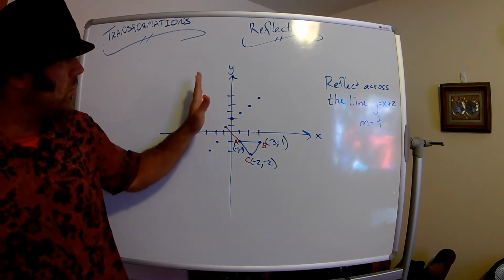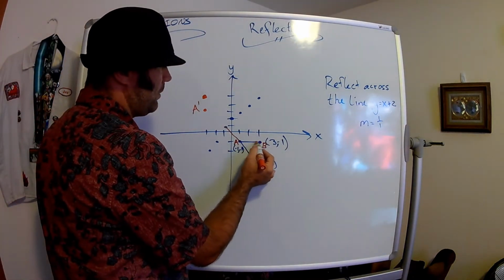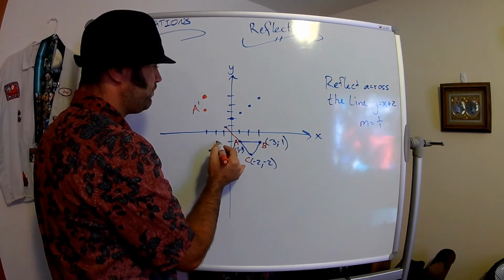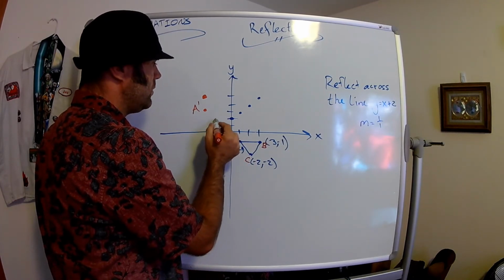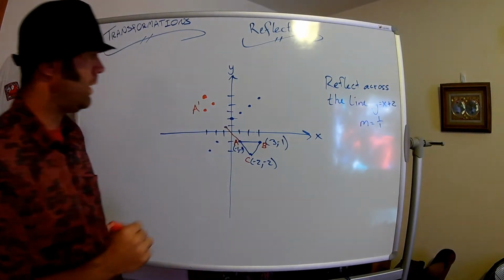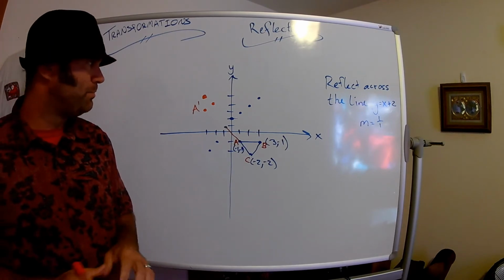Straight up and down, it's right above point A. Let's also go left with it and see what happens. 1, 2, 3, 4, 5. So again, we're getting a different point depending on which way we go, and that's not good.